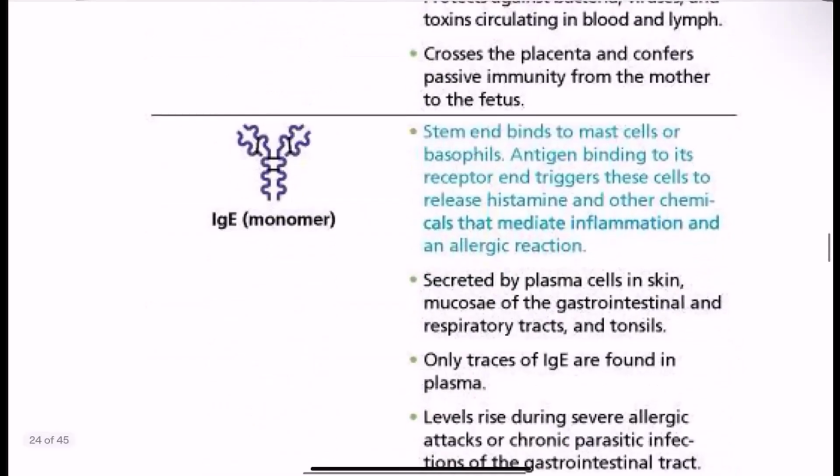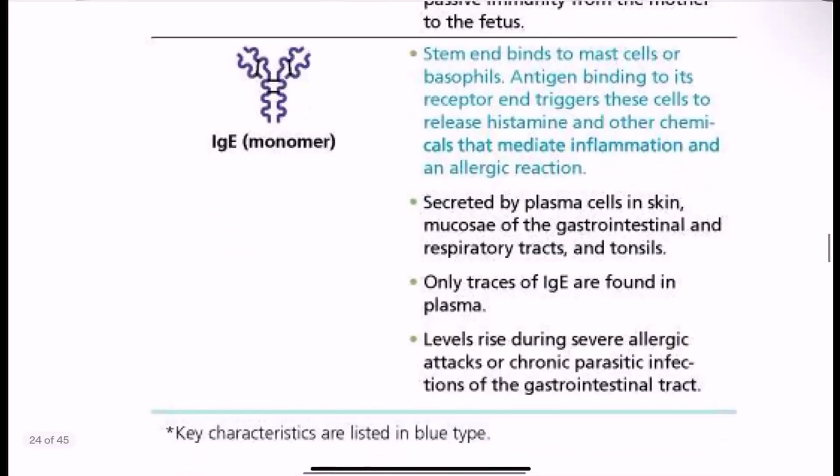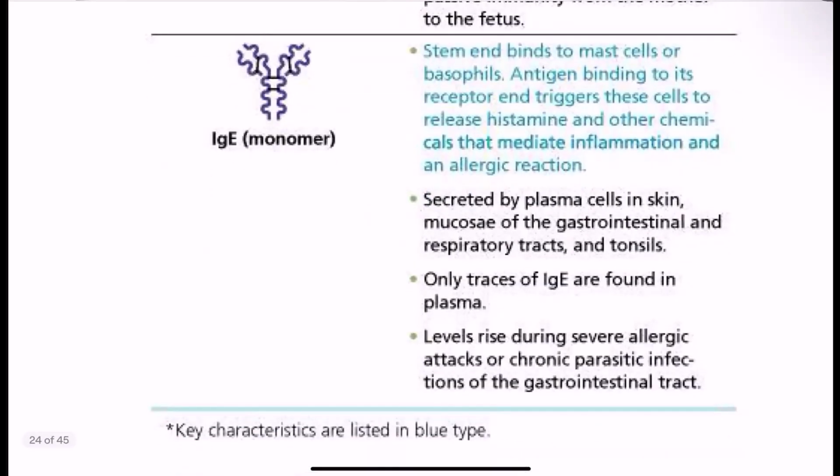The last one are IgEs. The IgEs are really good at working with basophils and mast cells. When antigens bind to it, that helps those cells release histamine. So IgEs are really active in the allergic response. They're not so common unless there's a parasite or allergic response happening.